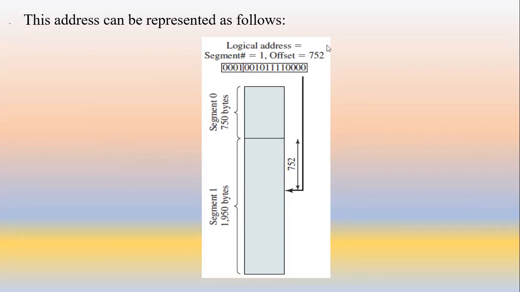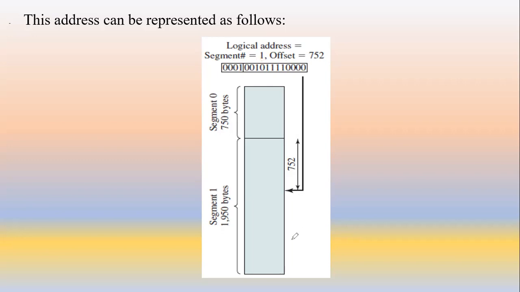From this diagram, we can see that we have our logical address, and our logical address is 0001 001 01 111 0000. So if we have this logical address, and we know that the 4 bits on the high end represent the segment number, then this segment number will be 1, and its offset will be 752.